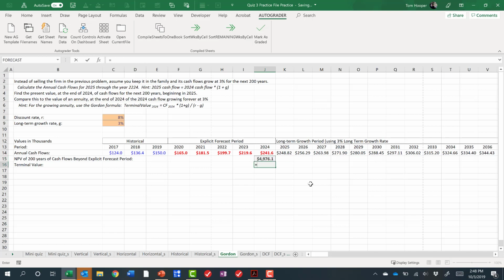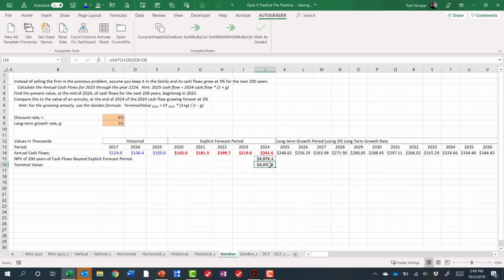We just need the 2025 cash flow, which we don't really want to calculate here if we're not calculating all these. I'm just going to use the 2024 cash flow and grow it by 1 year, which is exactly the same thing we did to get K14 over there. And then divide it by the discount rate minus the growth rate. And we are almost exactly the same number there.